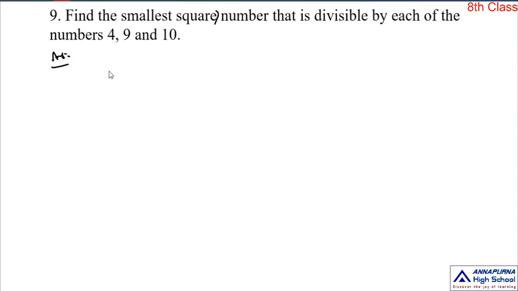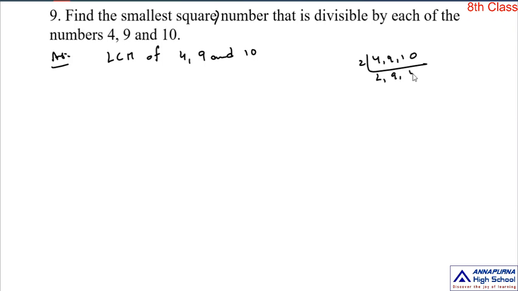How to find that number which is divisible by each of these numbers 4, 9 and 10? By finding their LCM. Okay, so first find the LCM of the given numbers. So LCM of 4, 9 and 10. 4 and 10 both are divisible by 2.